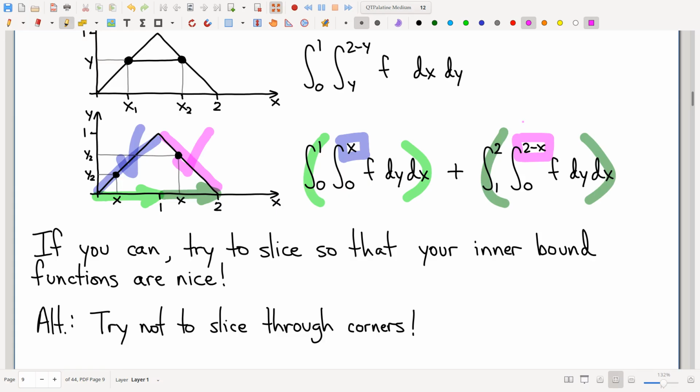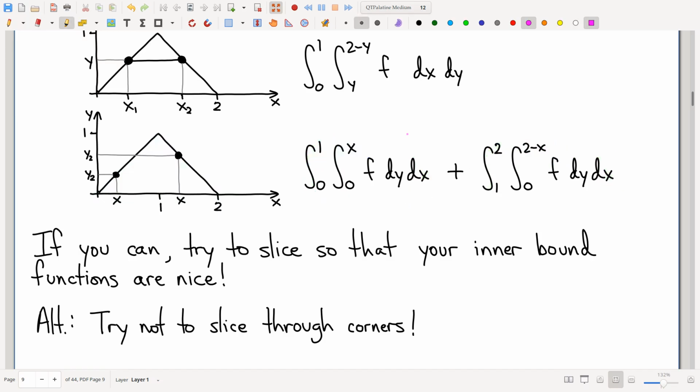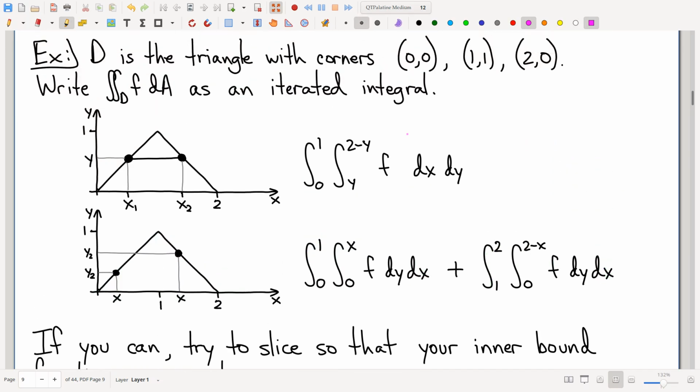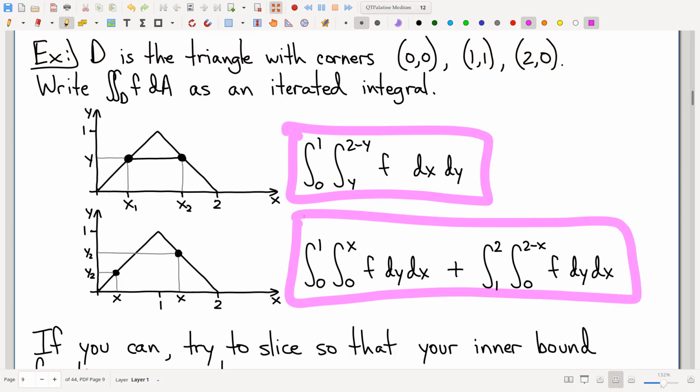Okay, so again, we've got two different choices of how to do this. I'm going to take this integral that I was asked, and I could do it dx dy, and I get that. Or I could do it dy dx, and I get this. Preferences? Anybody? Being silly, of course. Obviously, we want to do one integral instead of two.